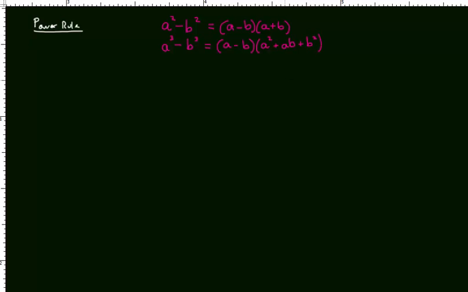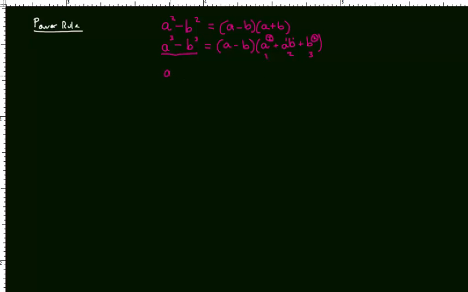Notice that the a exponent starts to decrease while the b exponent starts to increase. Notice also that they add up to 2. The exponents here add up to 2, add up to 2 here, add up to 2 here. Also, you might notice that since it's a cubed minus b cubed, there are 1, 2, 3 terms.